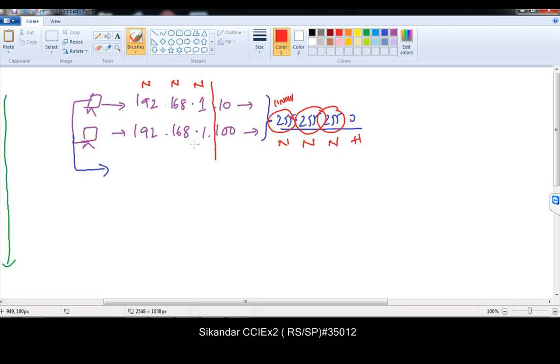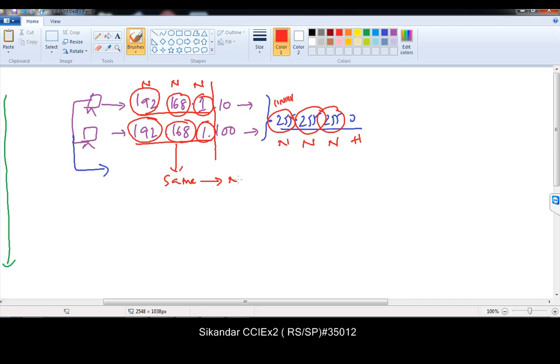As per our basic IP addressing, if you keep all subnetting concepts aside, in order to be in the same network, the network portion must be the same. In this example, both the network portions are the same: 192 is the same, 168 is the same, and 1 is the same.